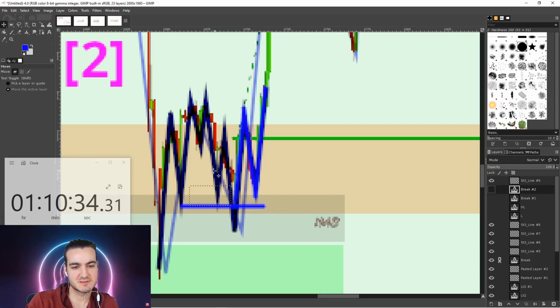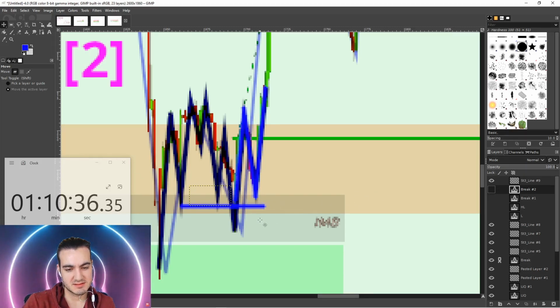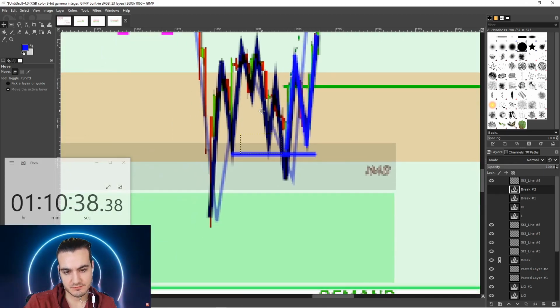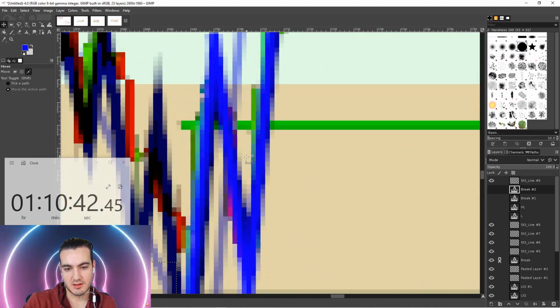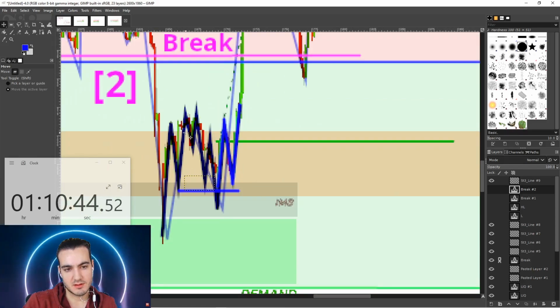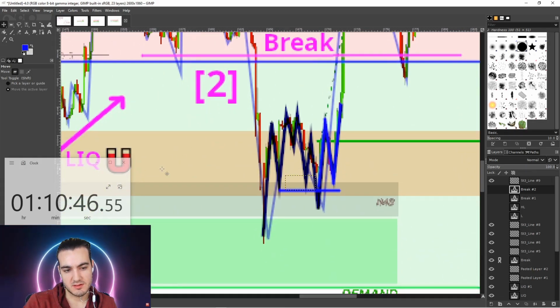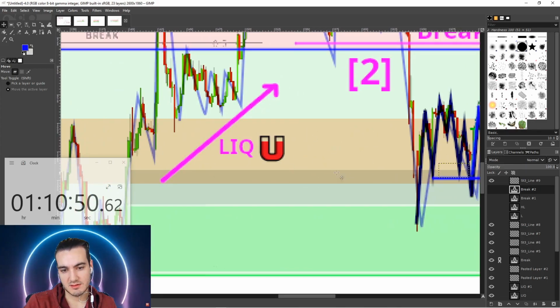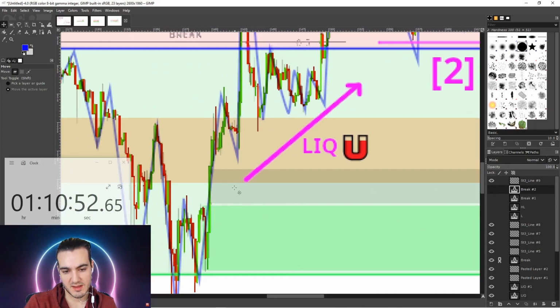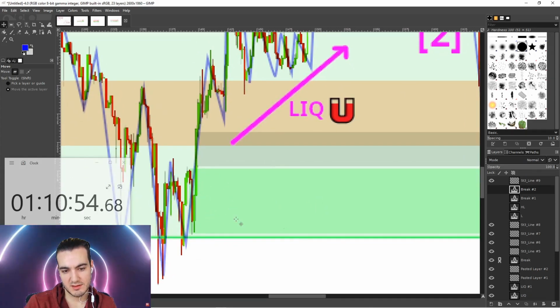Trying to figure out what the exact trigger for entering the long position would be. We do come all the way down to this fib zone and the imbalance and the order block.